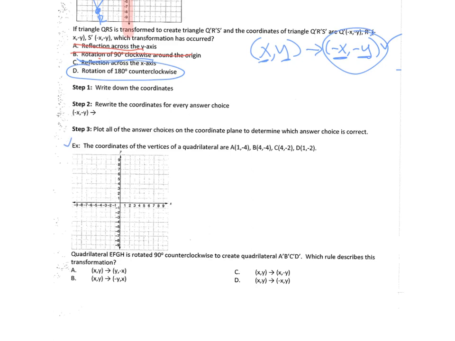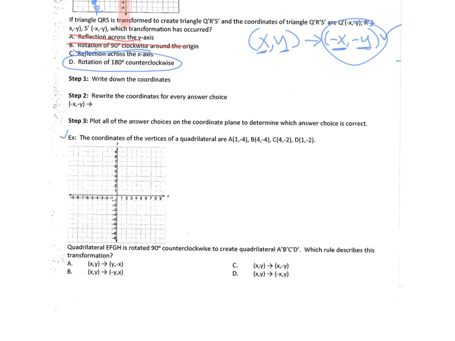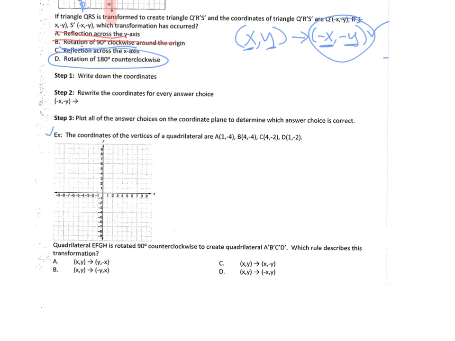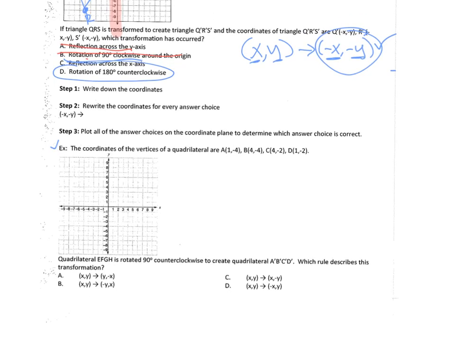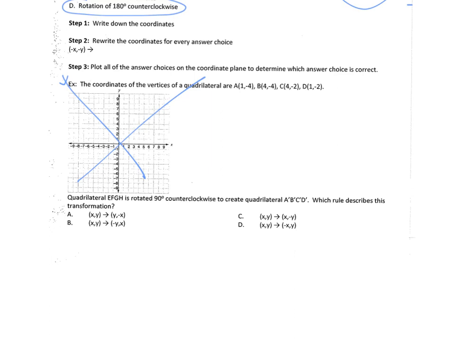Last example, this one down here. The coordinates of the vertices of a quadrilateral A, B, C, D are shown. Quadrilateral E, F, G, H is rotated 90 degrees counterclockwise, so that's one turn to the left, to create A prime, B prime, C prime, D prime.